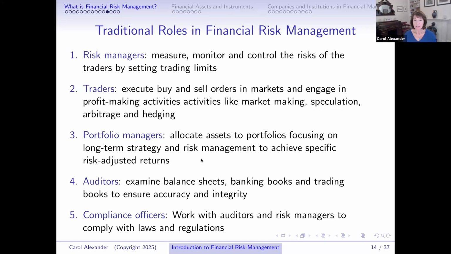We're not going to be covering what portfolio managers do, or auditors, or compliance officers, but I'll just mention them here because it's all part of risk management. Portfolio managers allocate assets to portfolios. They look at long-term strategies, and they also have to manage their risks to achieve specified risk-adjusted returns.